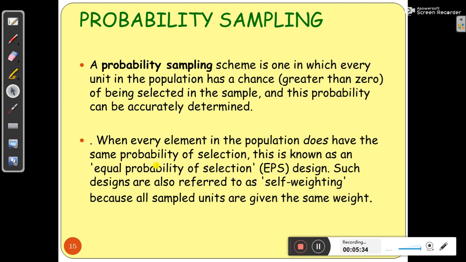So here you can see, if we sample by selecting items from the population having equal probability of selection, then we can say that sample is self-weighting, because all the units in that sample are given the same weightage.